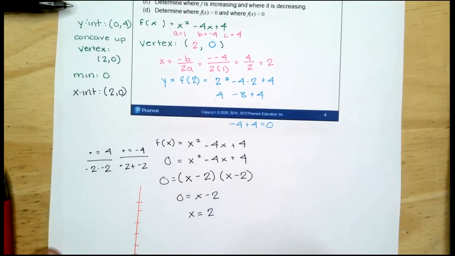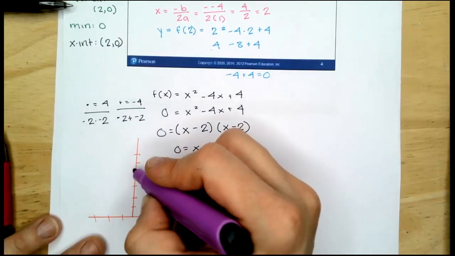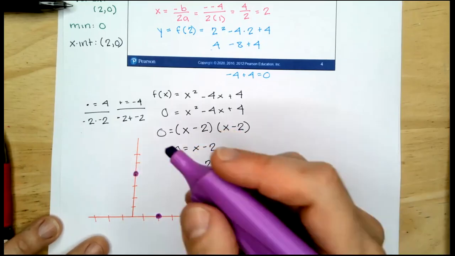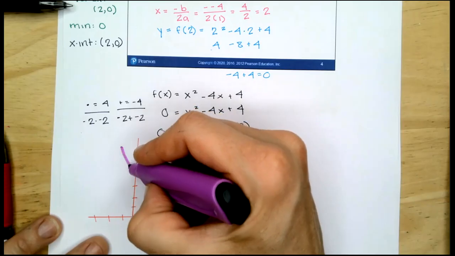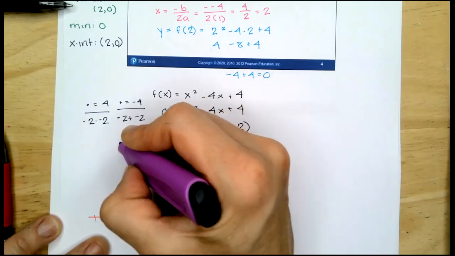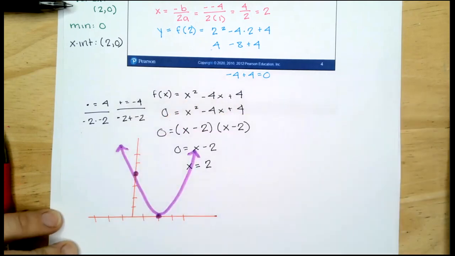My y-intercept is at 0, 4. And my vertex is at 2, 0. So the domain and range.